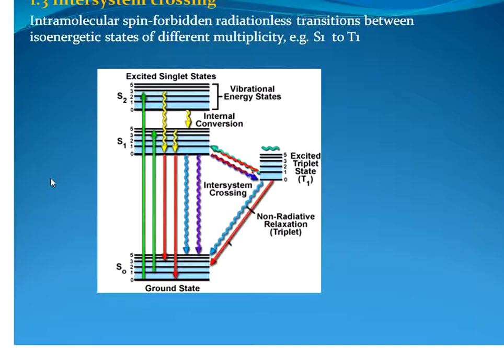This intersystem crossing is most common in molecules that contain heavy atoms like iodine, bromine, and many others. The presence of paramagnetic species such as molecular oxygen in a solution also enhances the intersystem crossing.